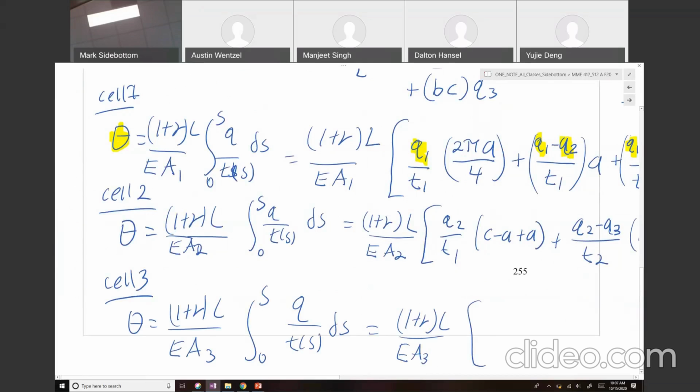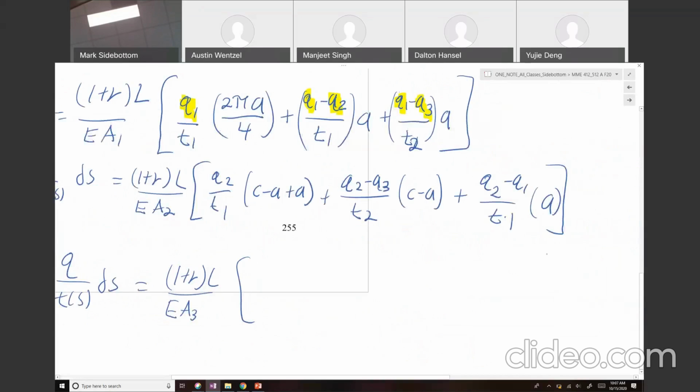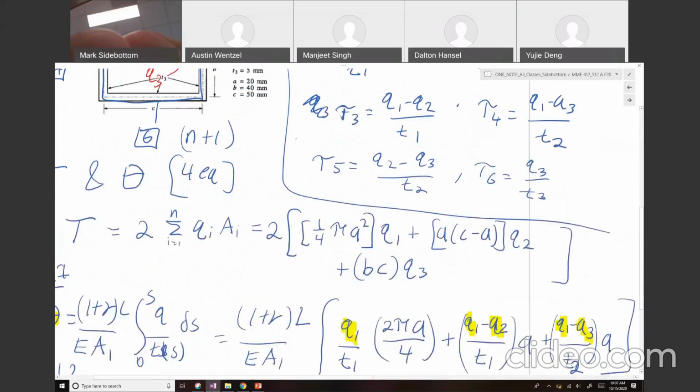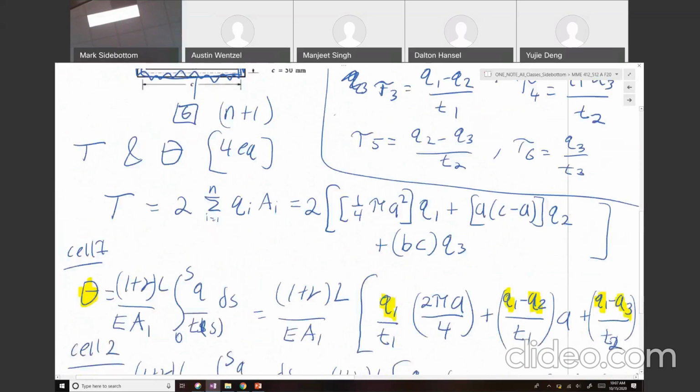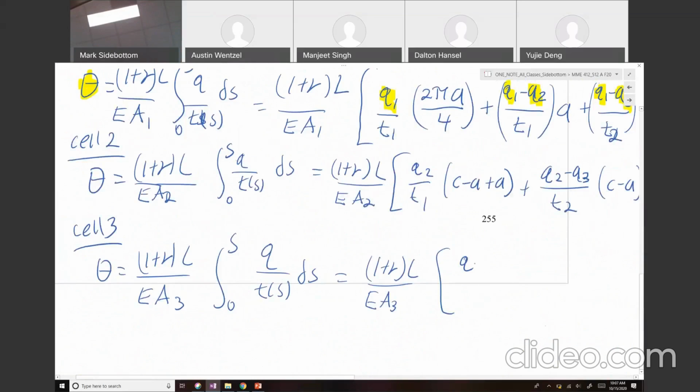So the only thing we have to do is evaluate the last integral here, right? If we look at the outside of our section here, the shear flow over that section is constant. It's equal to Q3. The thickness over that segment is also constant.